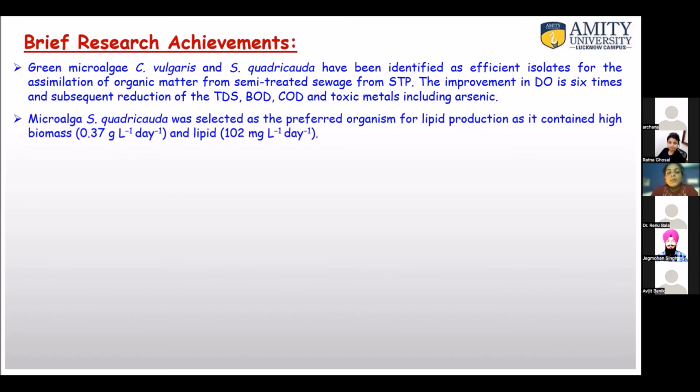Microalga Synedesmus quadriquada was selected as a preferred organism because we screened many algae, but we selected this because of its high biomass and lipid content.